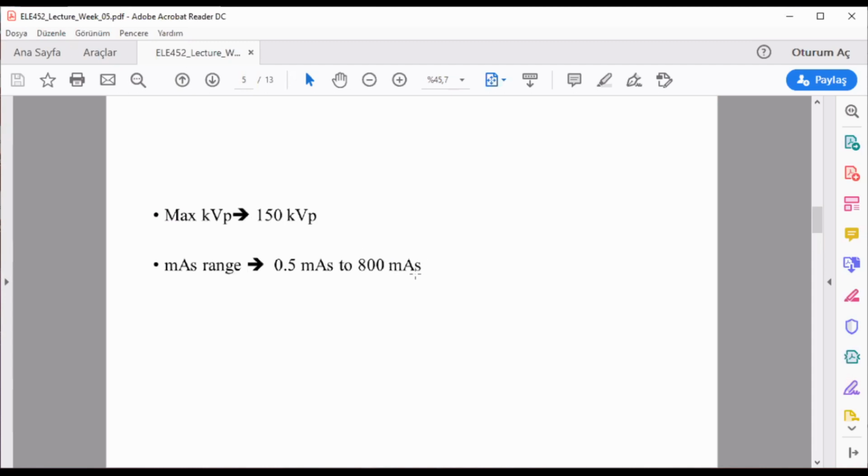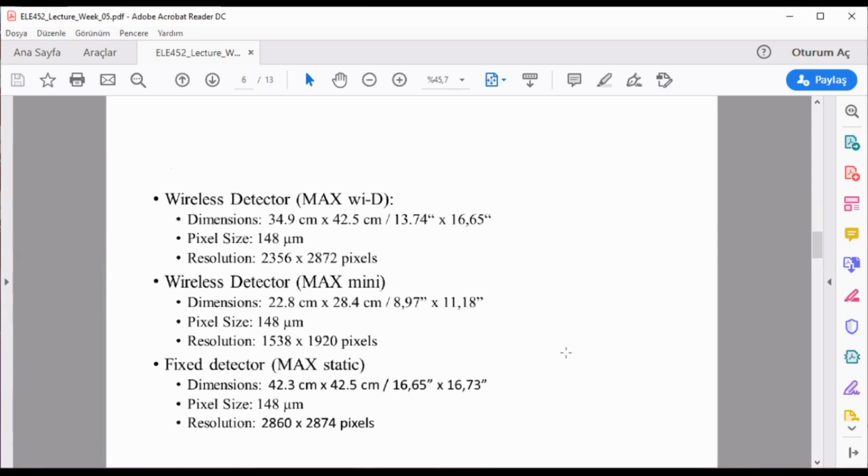This is the amount of current through the filament and determines the number of electrons freed from the filament, because you remember, free electrons when attracted to the anode create X-ray photons. So the larger this number, the larger the number of X-ray photons at the end. The larger kilovolt value determines the maximum energy that a photon can carry. So they are the two very important parameters of X-ray systems.